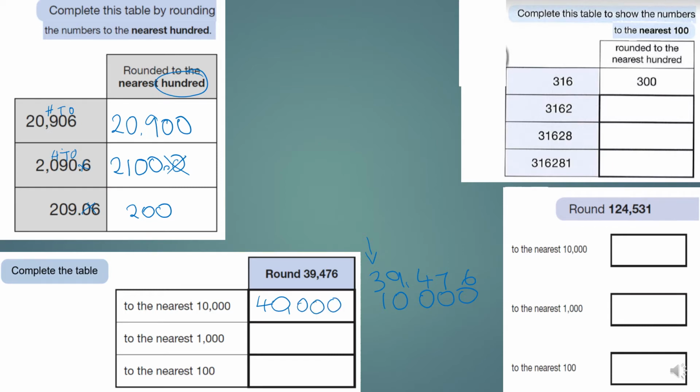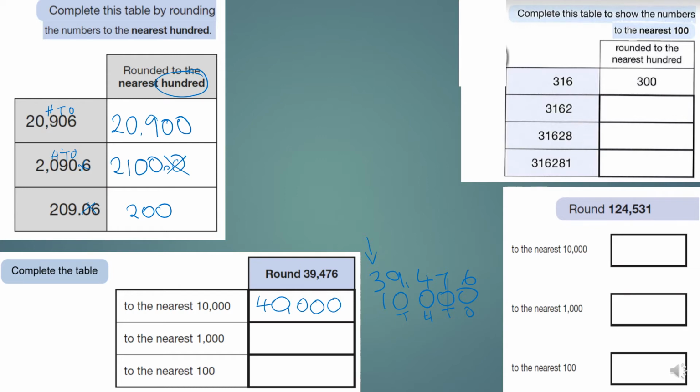I'm looking at my next one, which is 1,000. So this would be the thousands column here, because we have our ones or units, we have our tens, we have our hundreds, then we have our thousands. So I have a 9 and then I have a 4.